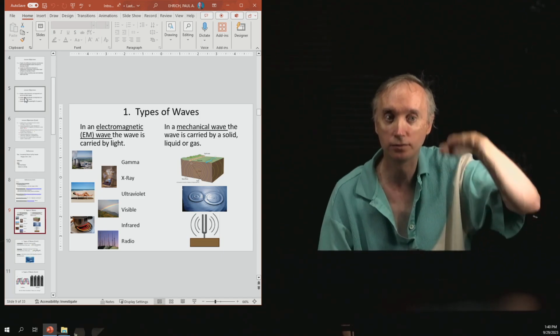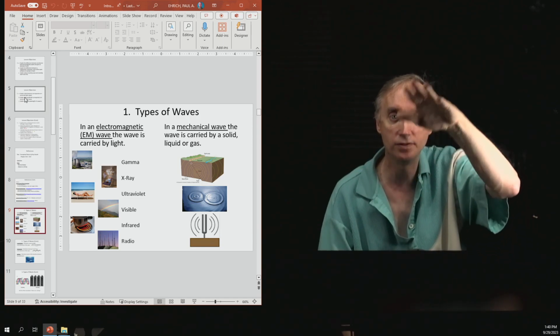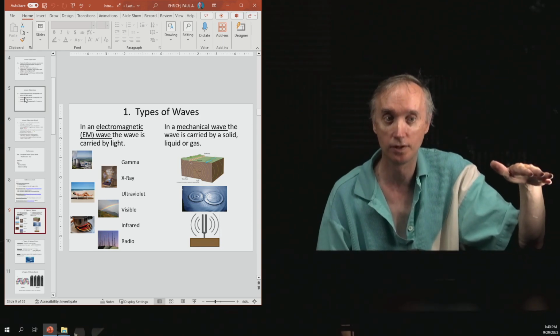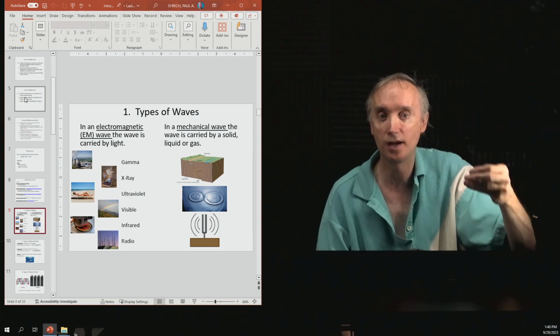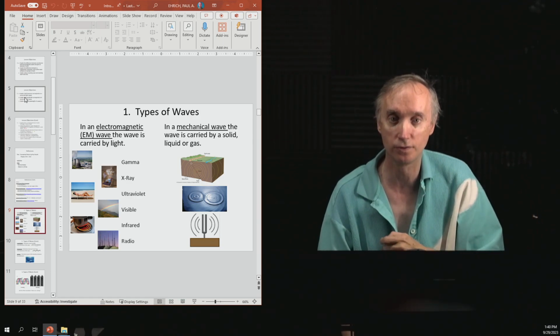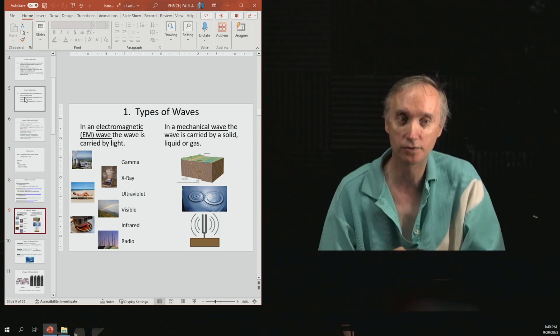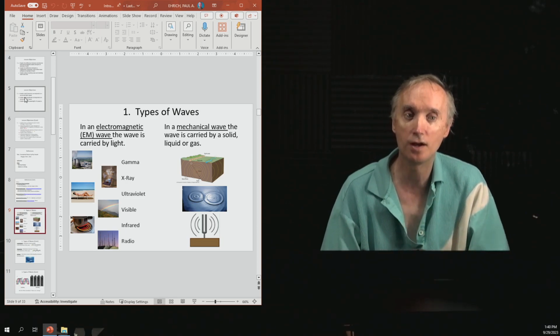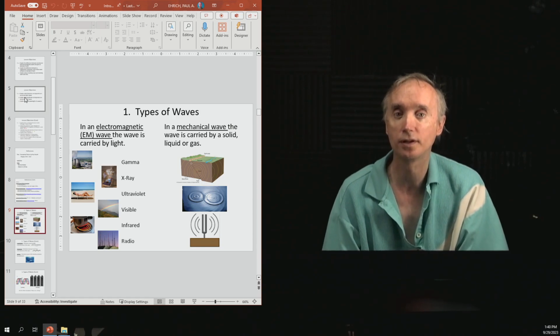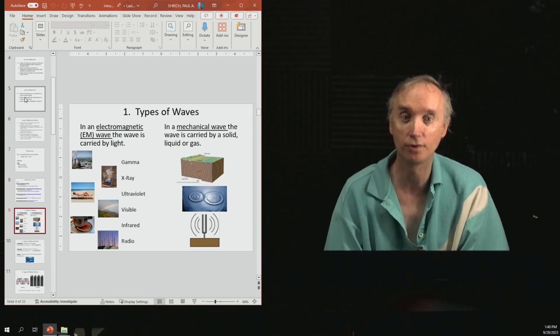So the rock going up and down carries the earthquake waves. The sound is carried by the air molecules. Okay, but electromagnetic waves, on the other hand, they do not require anything to carry them. So they can go right through outer space.